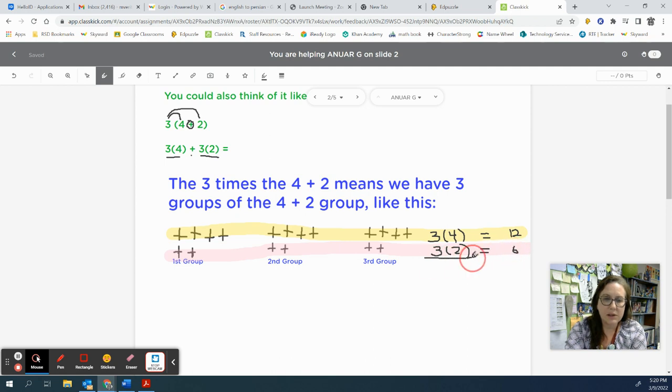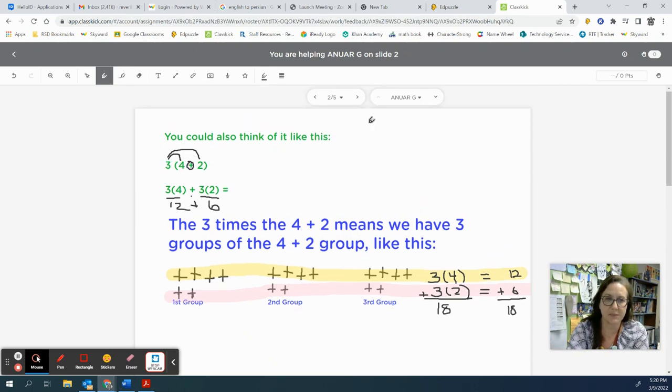Now what we can do is we take the 12 plus the 6, and it equals 18. Okay, so that's how the distributive property kind of works. We're going to do a couple of practices.